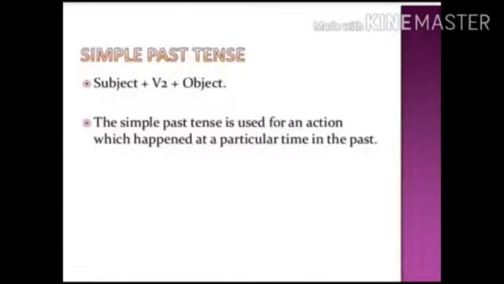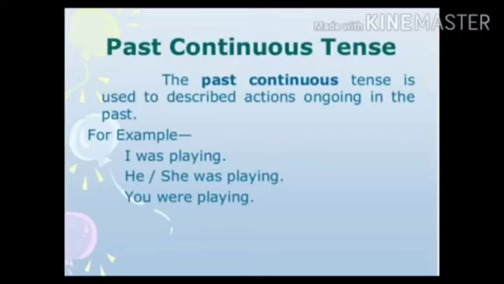Simple past is used for an action which happened at a particular time in the past. For example, I climbed, I ate, such things. And past continuous tense, an action which was happening at a particular time in the past, like girls were playing, students were listening to the grammar class, etc.